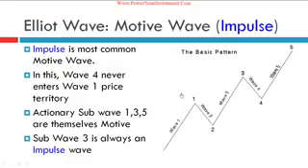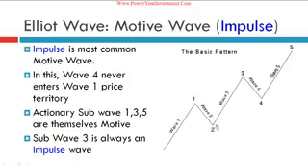If you remember, in the last video we saw this wave structure where we have wave 1, wave 2, wave 3, wave 4, and wave 5. These kinds of waves are called impulse waves, and they are very easy to identify. Remember the three rules that we studied earlier.